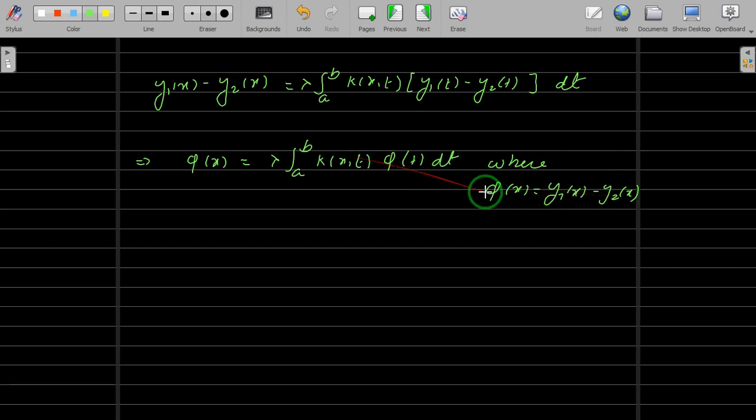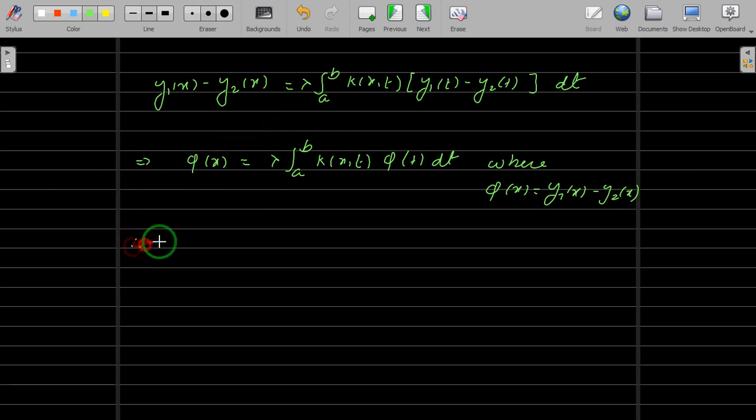And if you noticed here, this phi, that is nothing but the difference of two solutions, is the solution of the corresponding homogeneous equation. That means if I replace this phi by y, I will have the corresponding homogeneous equation, and then the particular value of y, that is y1 minus y2, when I substitute over here, I will get this equation, and that is the solution.